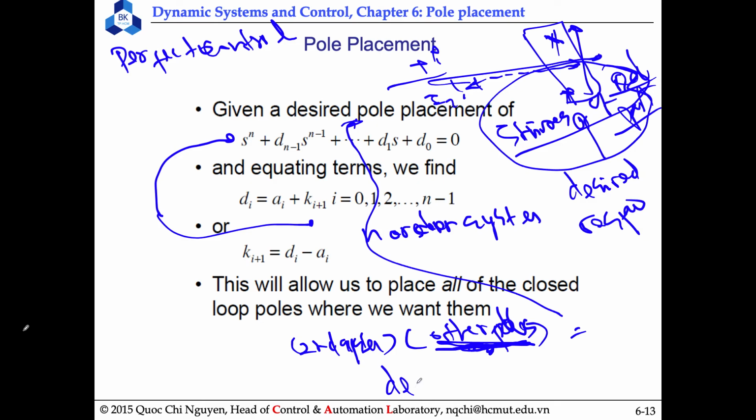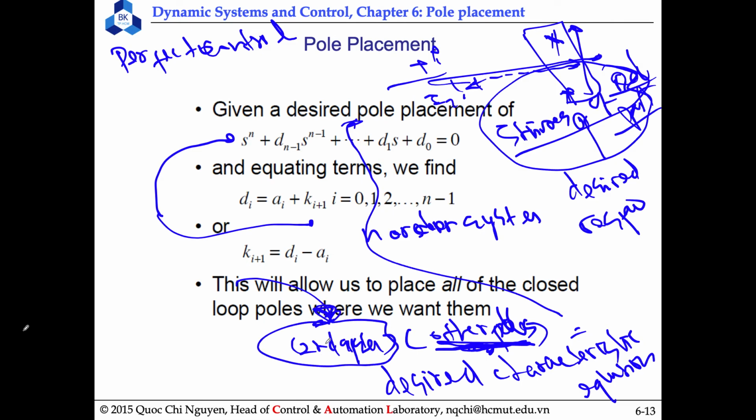We have the new definition: the desired characteristic equation. For feedback control, we can determine the second-order system, the two dominant poles, and we also can put the other poles far away from the two dominant poles, and combine them into the desired characteristic equation.